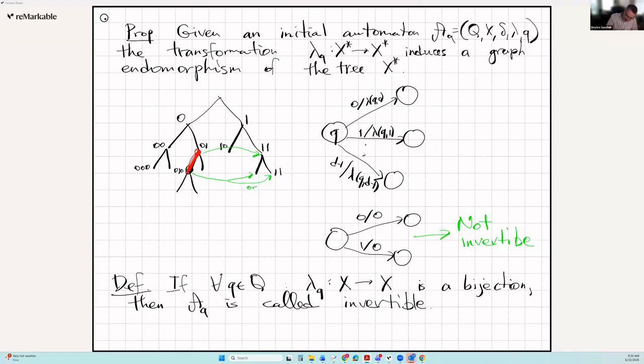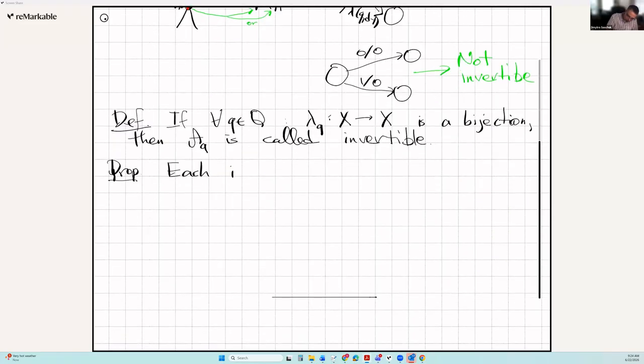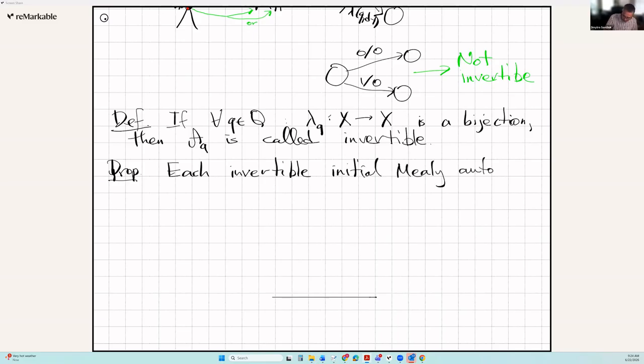Okay, and then again, proposition. Each invertible initial Mealy automaton defines an automorphism of X star.